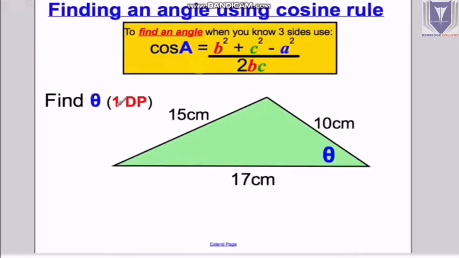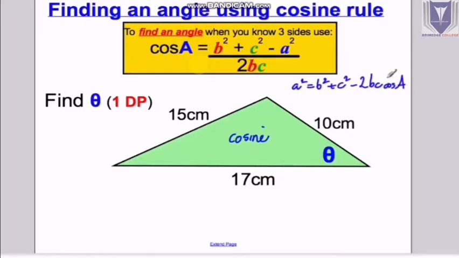Let's see another example, but this time we are looking for angle. So we'll switch to our angle formula, which is the other format of cosine rule. This time we are using cos A equal to b squared plus c squared minus a squared over 2bc. Remember, we've been able to show that this formula came from the other formula just by making cos A subject of the formula.